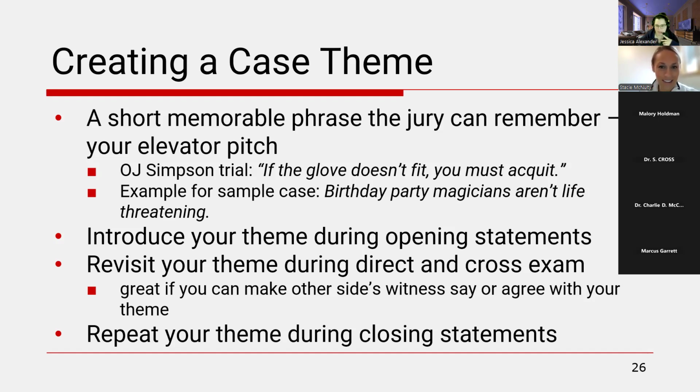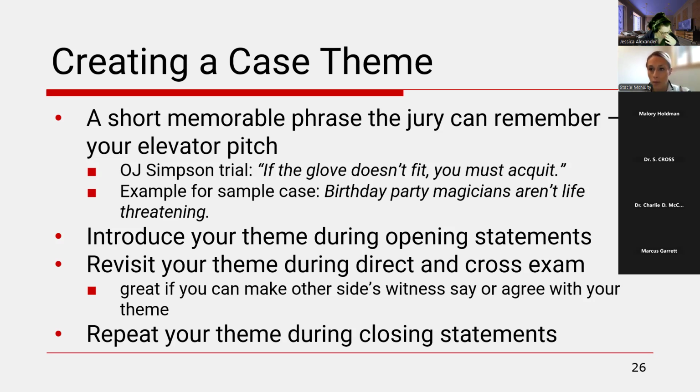But something that summarizes what you want the jury to be thinking about as you're going through. This is a story about girls who cross boundaries. Something like that. So with this case theme, figure that out once you've figured out how your evidence comes in and what your story is about.